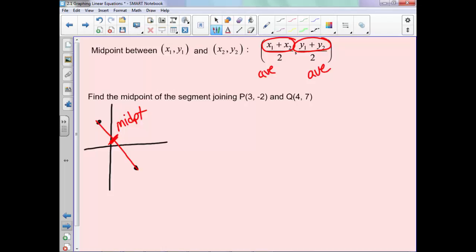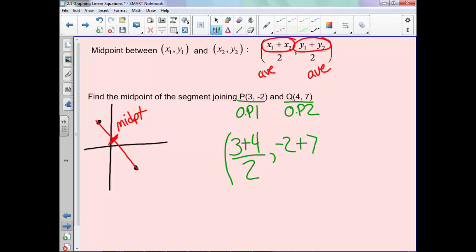So when we find the midpoint between this point and this point, the x1 and the x2 and the y1, y2 just mean this is ordered pair number 1, and this is ordered pair 2. So our formula, we have our x1, which is our first x-coordinate, or 3, plus our second x-coordinate, which is 4, all over 2, and then our first y-coordinate, which is -2, plus our second y-coordinate, which is 7.